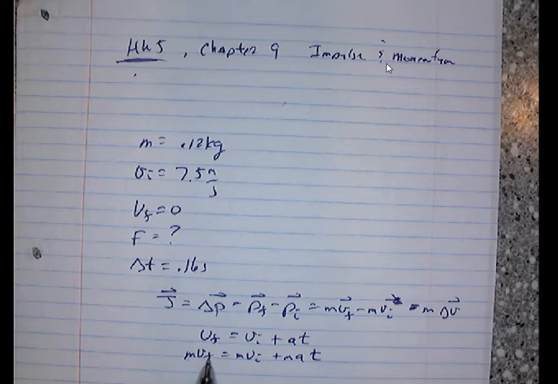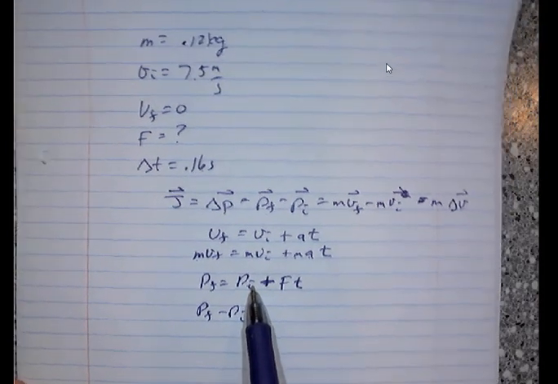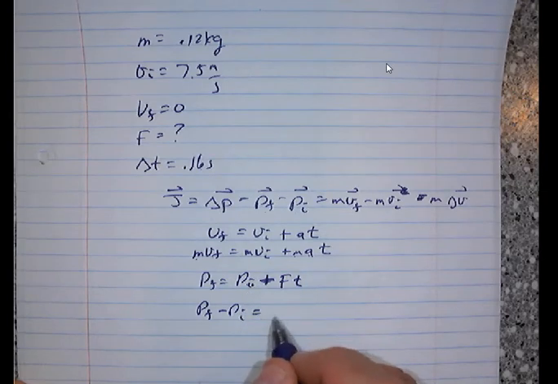Really, mv final is the final momentum, mv initial is the initial momentum, plus ma, which is the force, times the time. So moving the initial momentum to the left-hand side, final momentum minus initial momentum equals force times time.